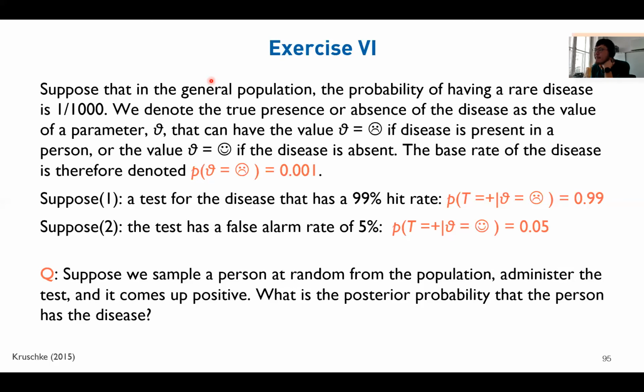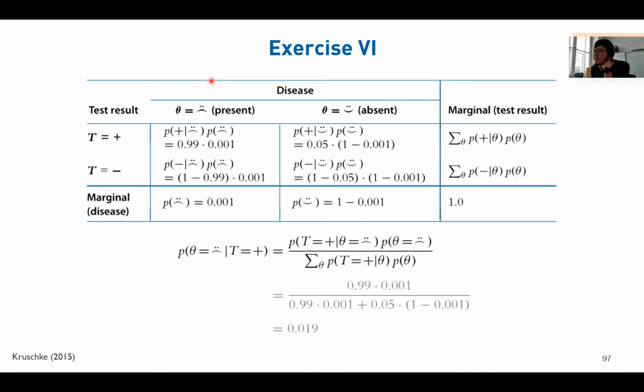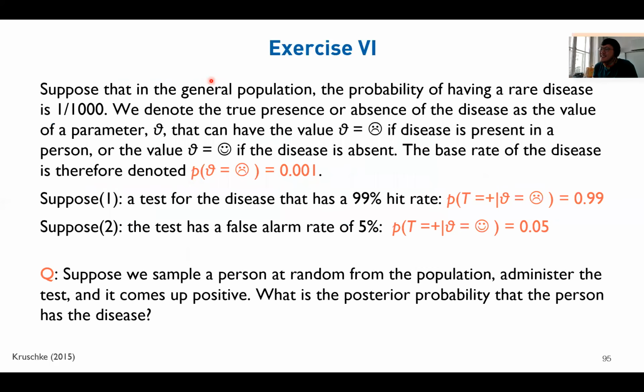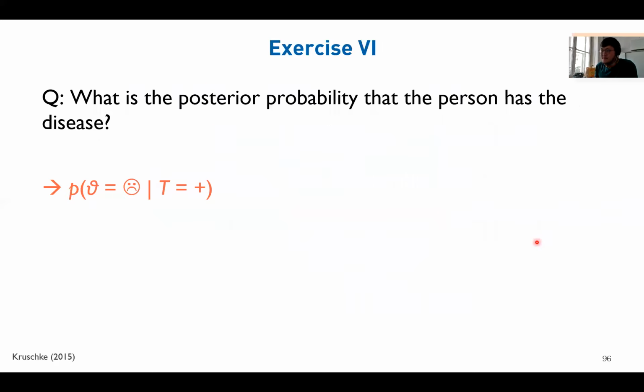Let's see. I will share the slides, don't worry. So this is the answer. The idea is that I give you only 3 numbers: here 1/1000, here the hit rate, and here the false alarm rate. And then I ask you this question. First step, use the Bayesian equation to expand it.